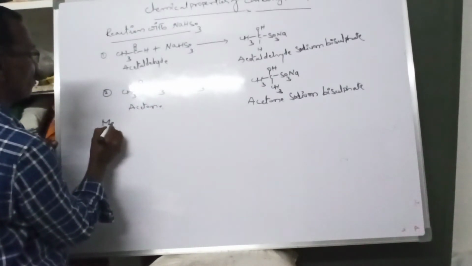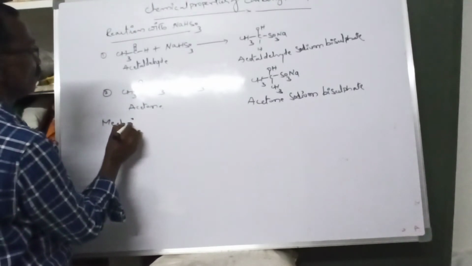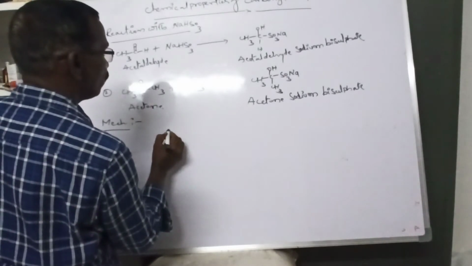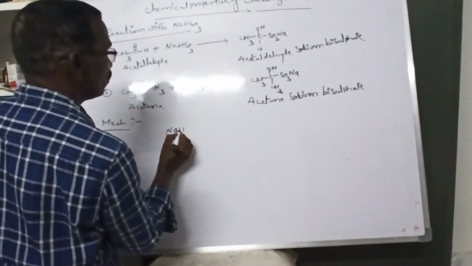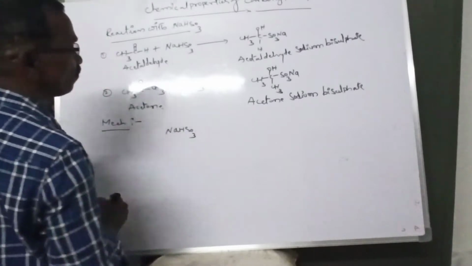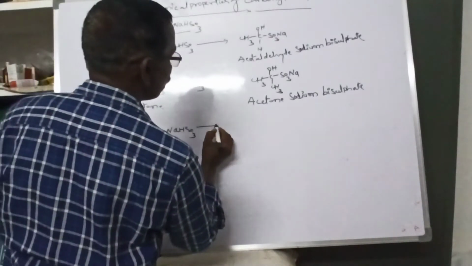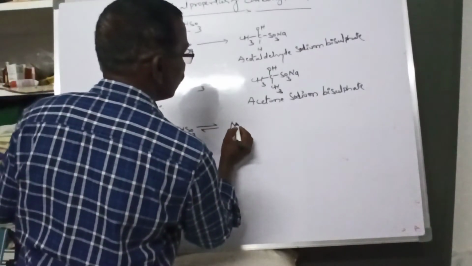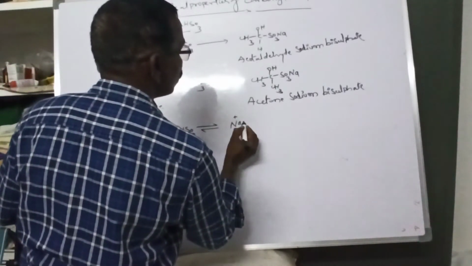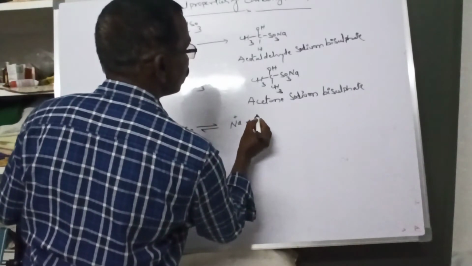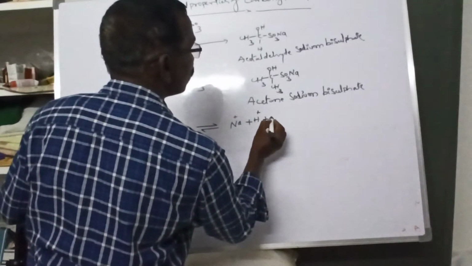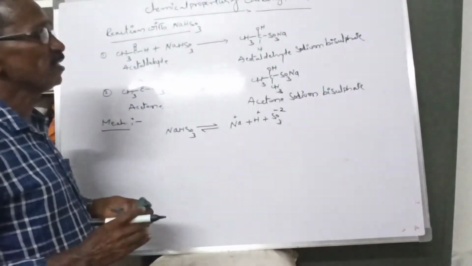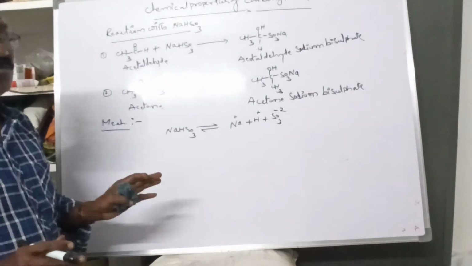The mechanism of the reaction with sodium bisulfite is very simple. First, sodium bisulfite ionizes to form three ions: Na plus, H plus, and SO3 2 minus. The SO3 2 minus ion acts as a nucleophile.